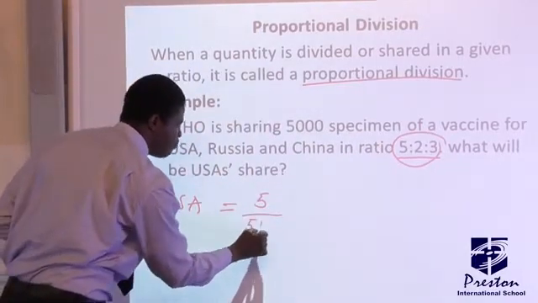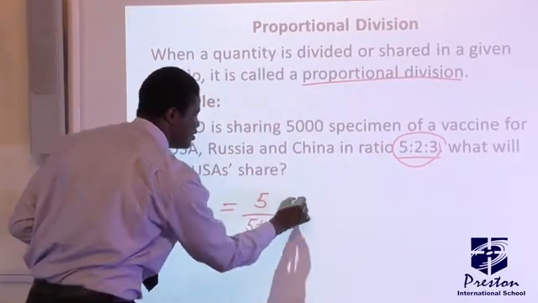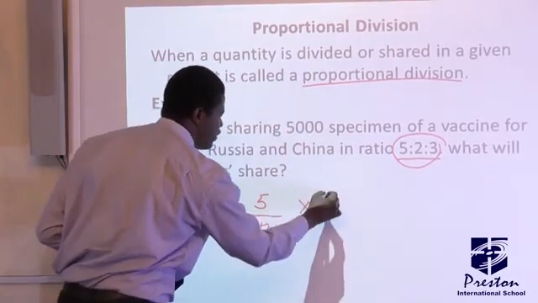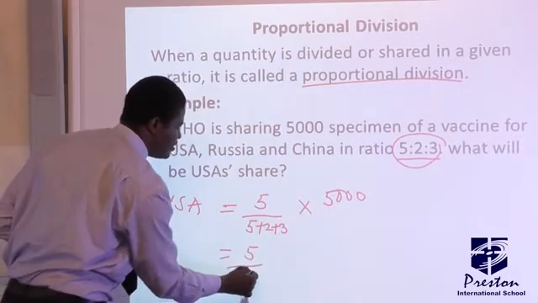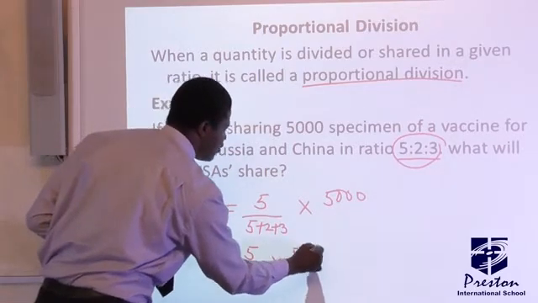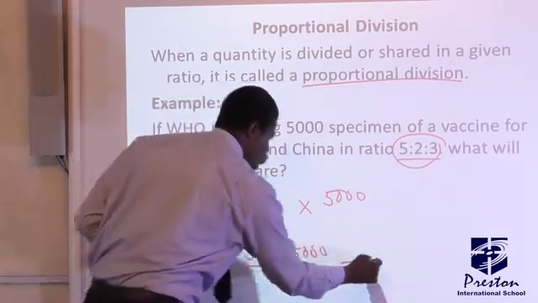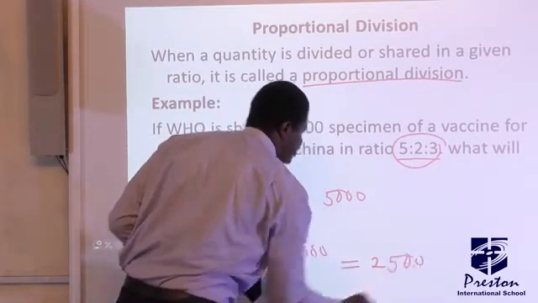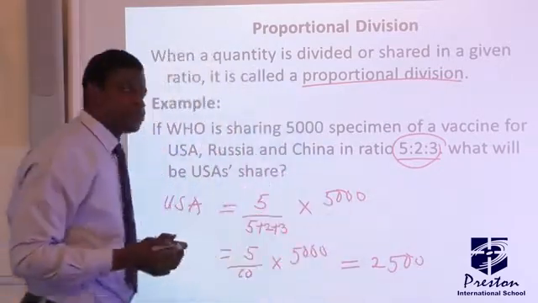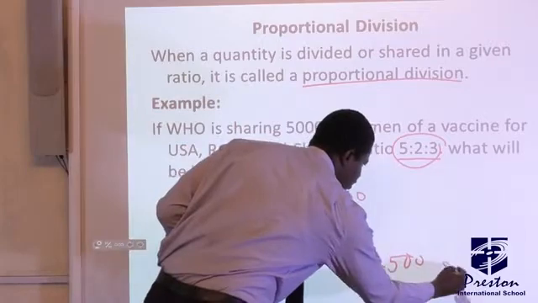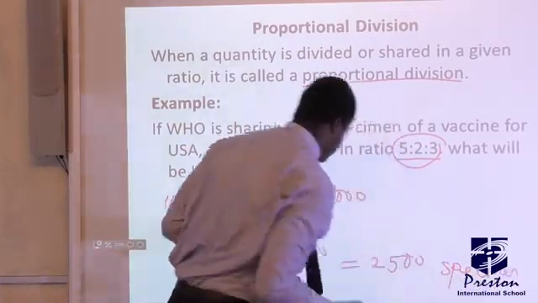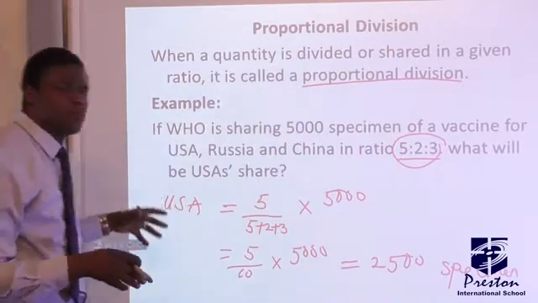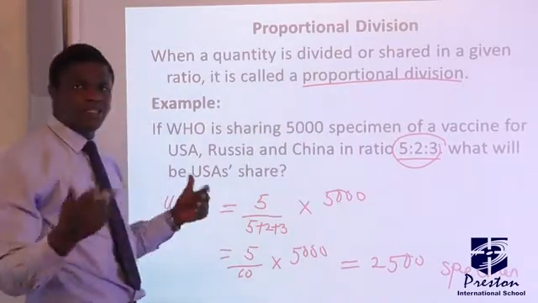That is 5 plus 2 plus 3 times the amount of specimen we are given. Now, this is equal to 5 over 10 times 5,000. This will give us 2,500 specimens. So that means United States of America will get 2,500 specimens of the vaccine. So this is a perfect example of proportional division.